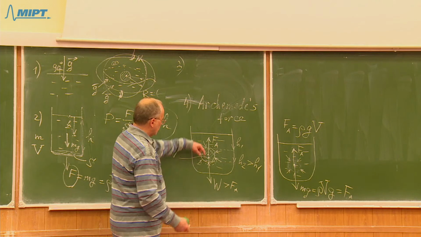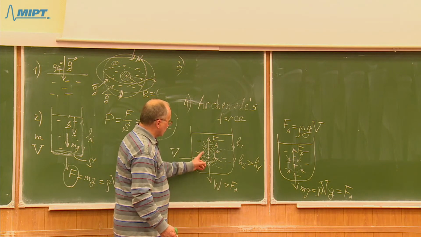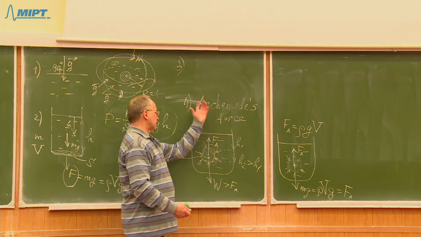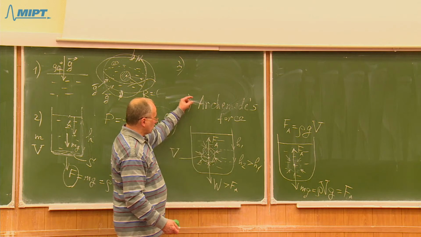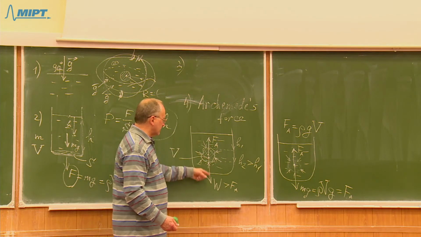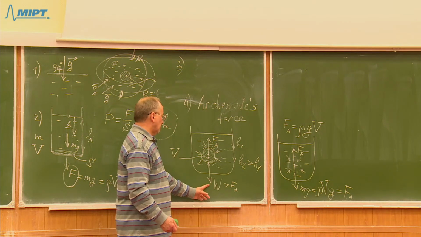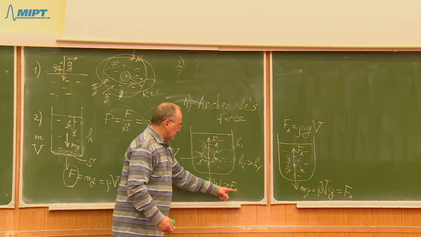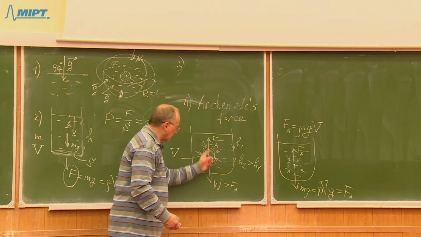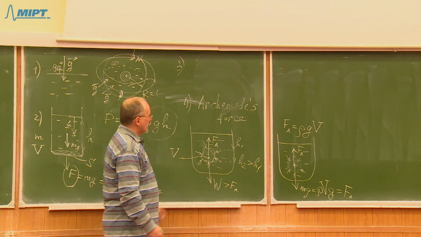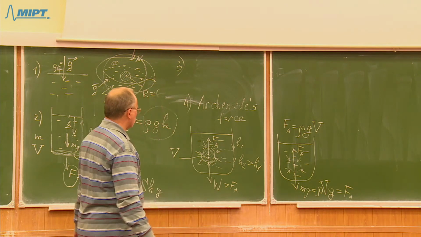In this case, if the force directed downward, that is, the weight of the object, is larger than the force of buoyancy, which tends to lift the object upward, then the object will move downward under the action of these two forces. If the force downward is larger than the Archimedes force, then this object will sink to the bottom of the vessel. It will go down.